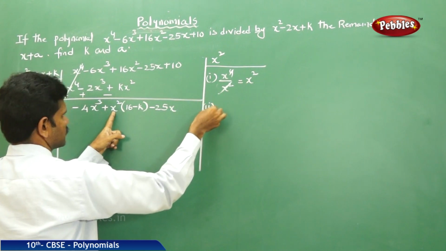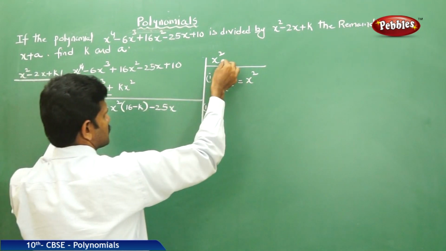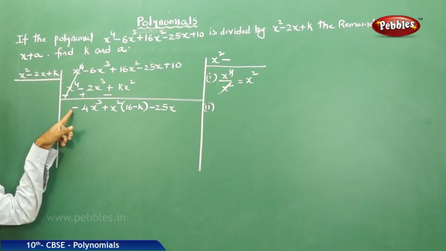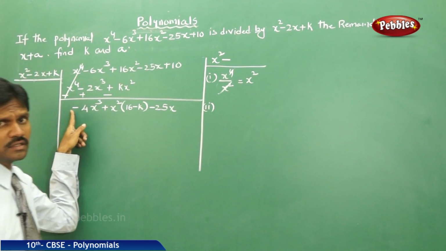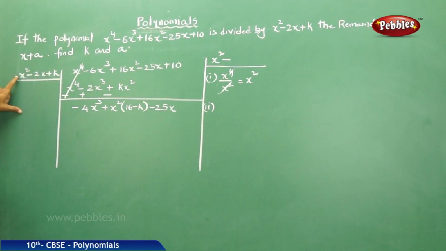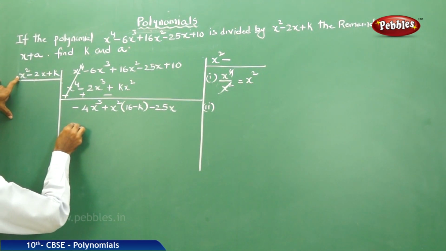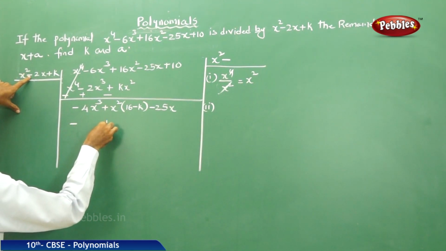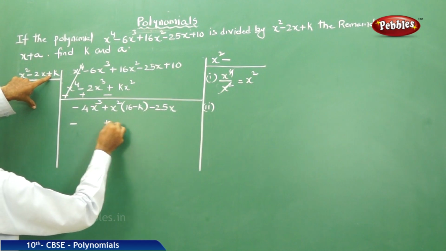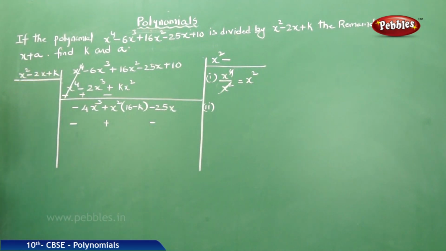Now the second part: the minus is on this part, immediately you have to shift here, and next you have to change the sign of your divisor.